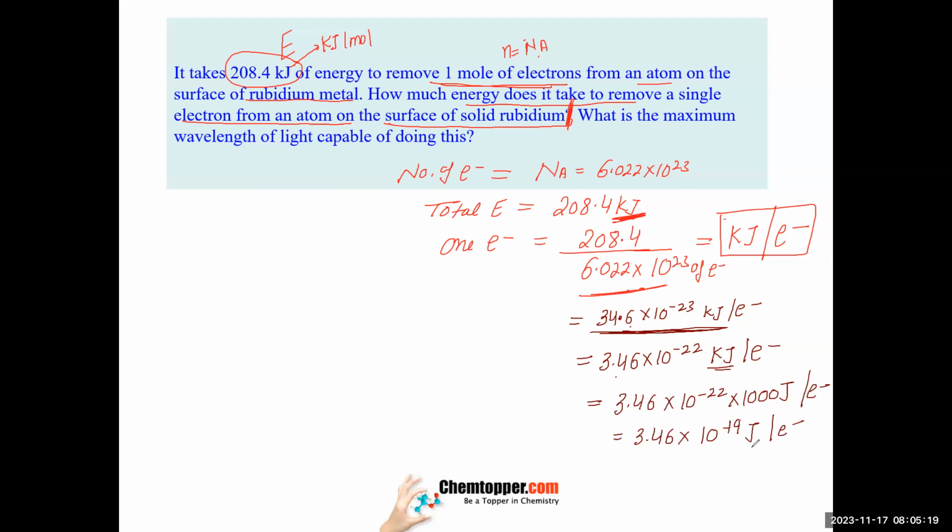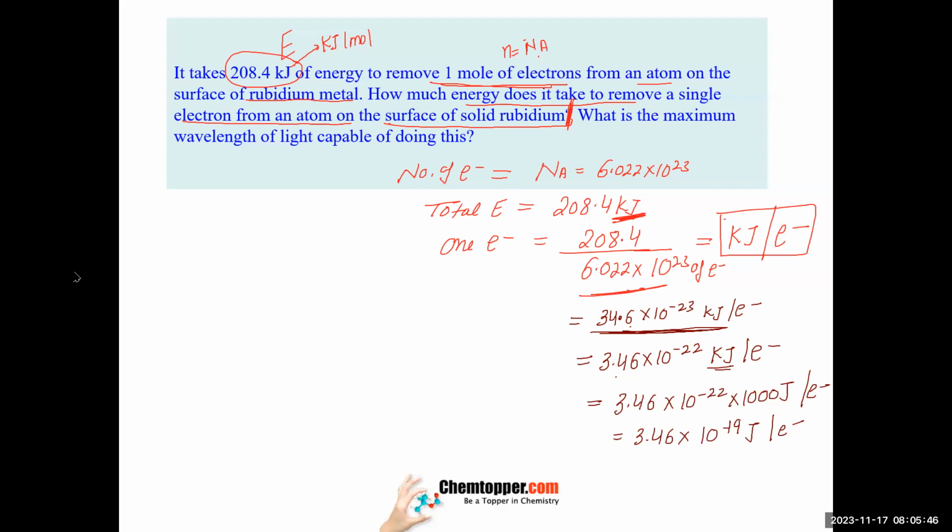I hope the rest of you are understanding this. I'm just trying to take your attention to the units. I'm just trying to show you that units are very important in your free response or multiple choice questions. And AP is very much interested that you should understand your units clearly, right? Okay, now let's do the next part.